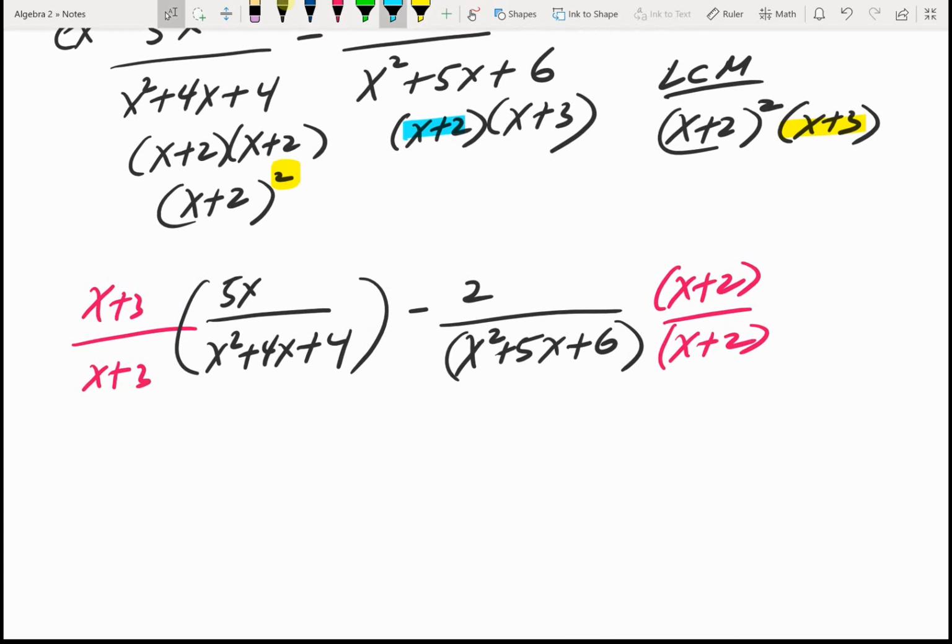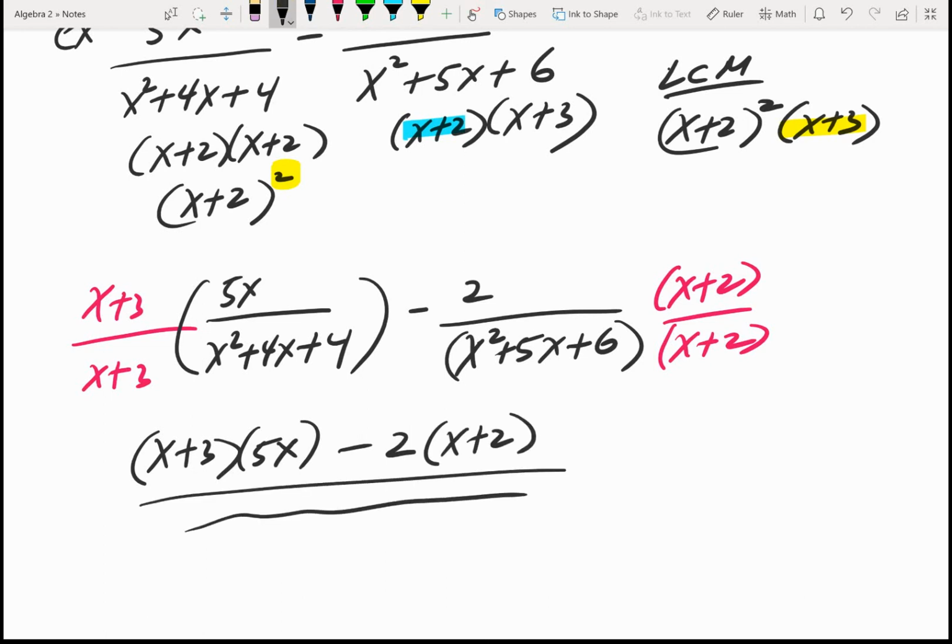And then here I would have x plus 3 times 5x, and I'm just going to ignore the denominator, minus 2 times x plus 2, and I'll leave the denominator alone just for a second.